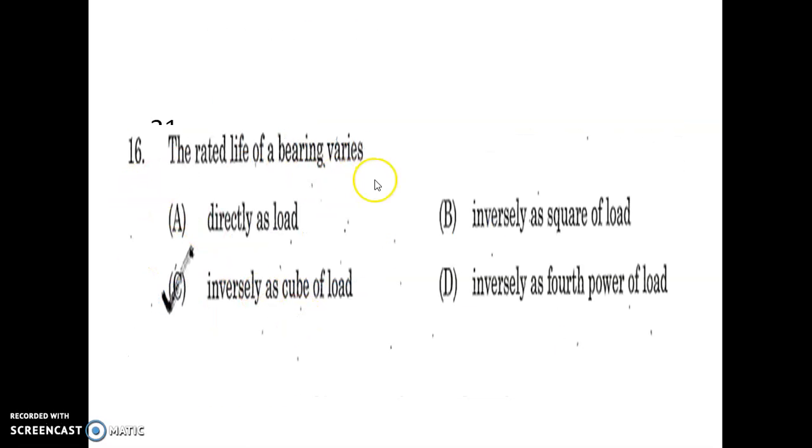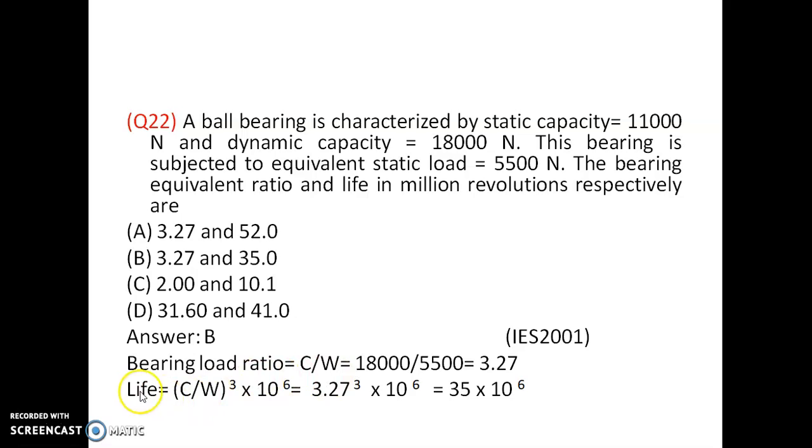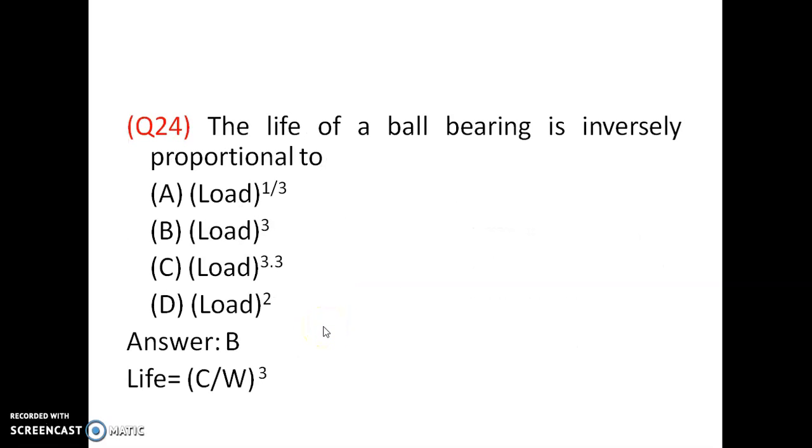The rated life of a bearing varies inversely as the cube of the load. Option C is correct.